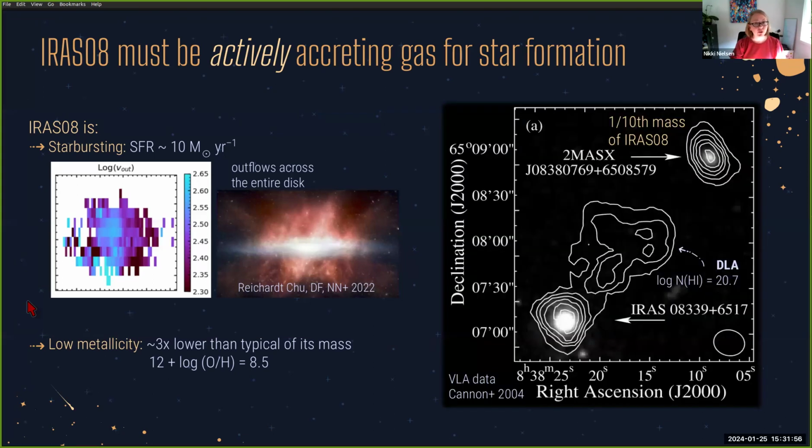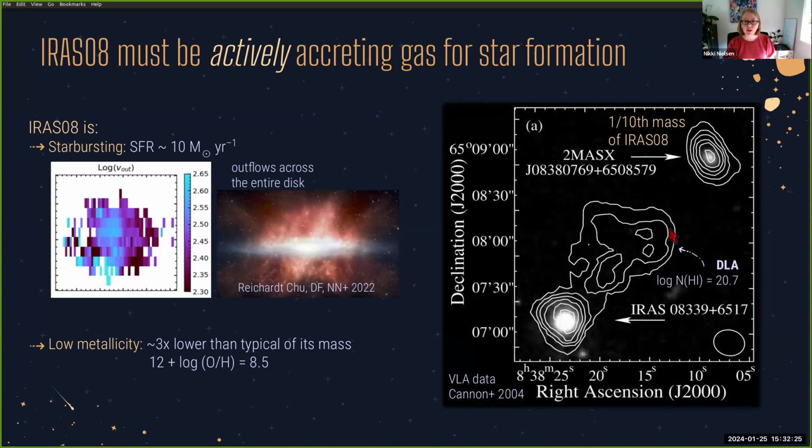IRS-08 is also interesting because we know from VLA H1 21 centimeter data that not only, so IRS-08 is in this bottom corner here, not only does it have a nearby companion, which actually doesn't seem to be influencing the kinematics of the disk of IRS-08 at the moment because it's quite a bit smaller, but we know that there's a considerable amount of gas in the CGM around this galaxy.